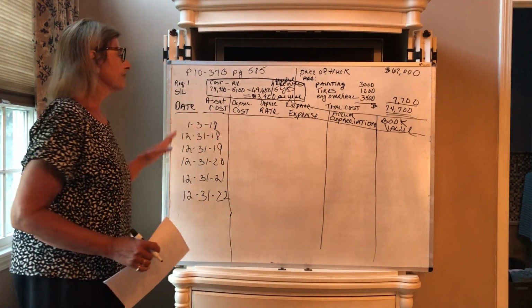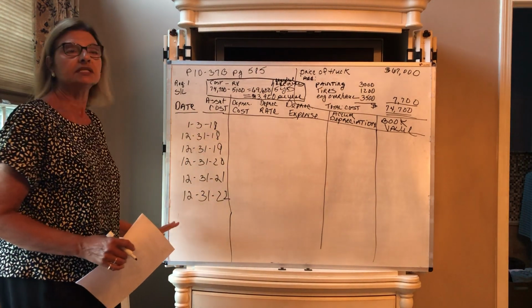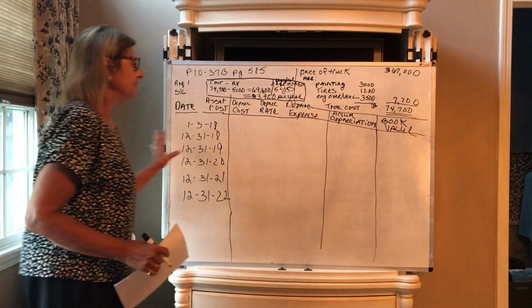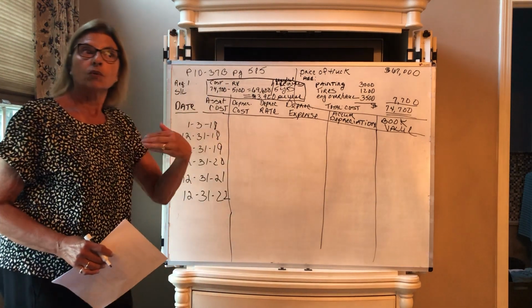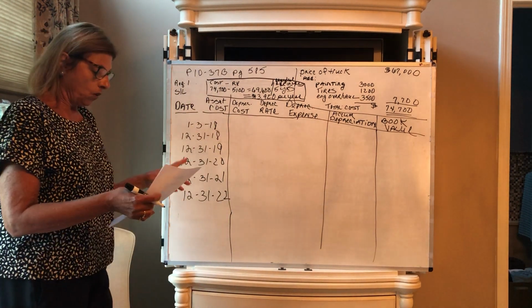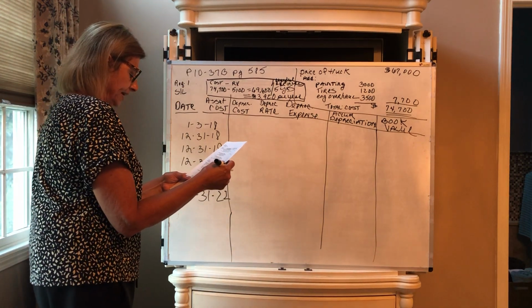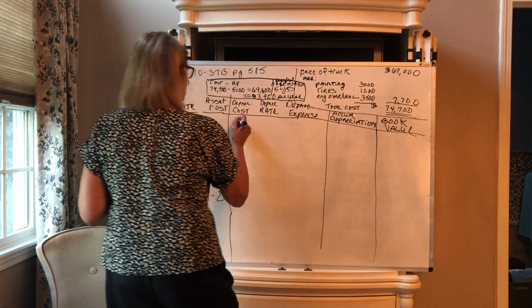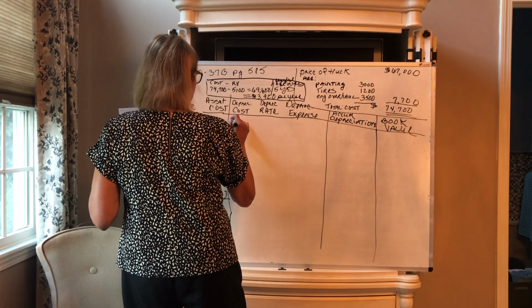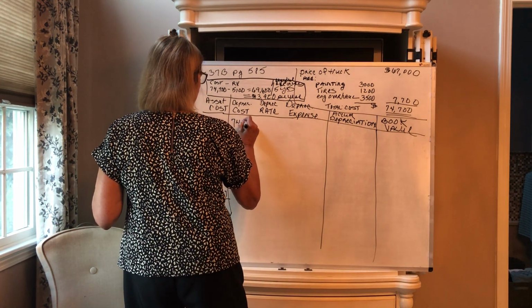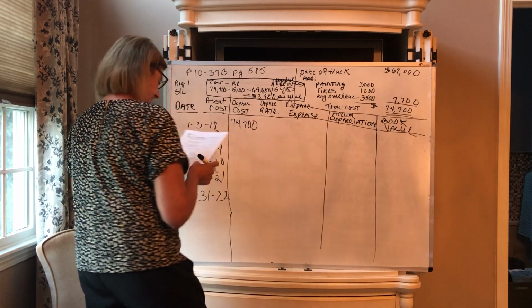So first things first, we're going to do this depreciation schedule for 5 years, and this setup is going to remain the same through all three. So for the beginning, we start out at 1/3/2018. The depreciable cost is $74,700, right?